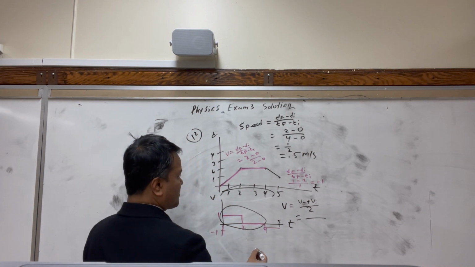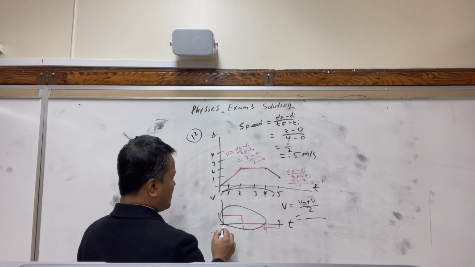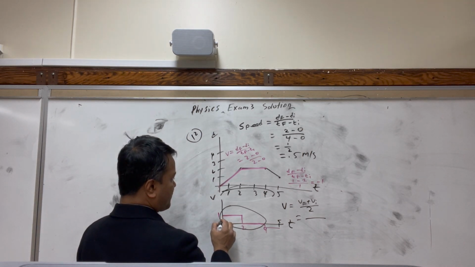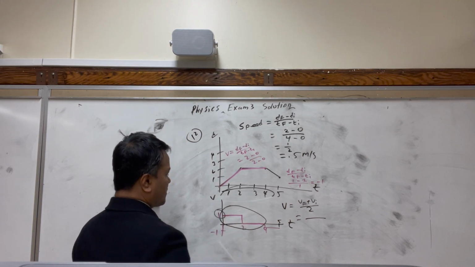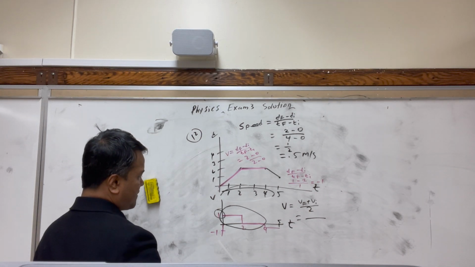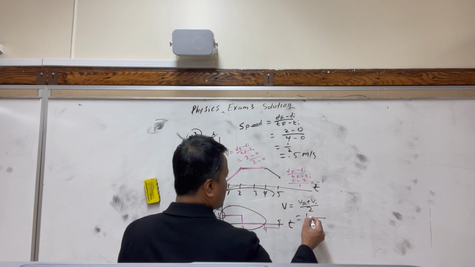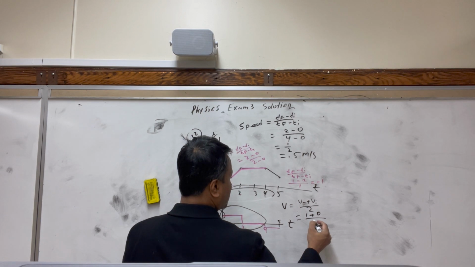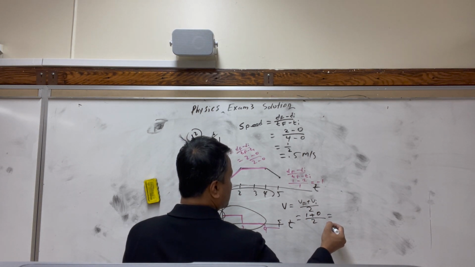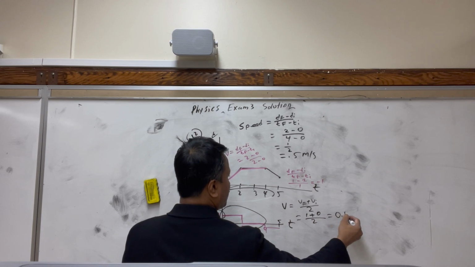So what is the vf over here? Vf is 1. Okay, so vf is 1. 1 plus 0 divided by 2. So 1/2, which is, of course, 0.5 meter per second.